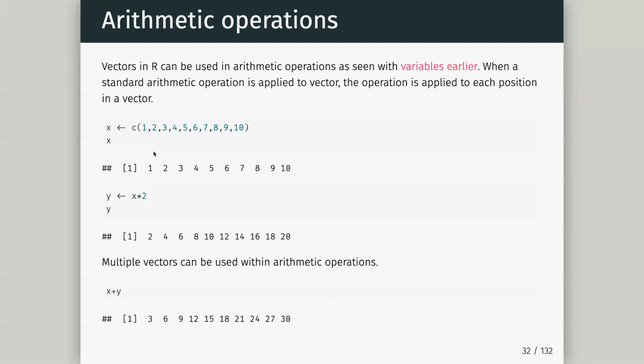Okay. So as I was saying, R is really good for statistical, mathematical work. So we can do arithmetic operations on our vectors really easily, in the same way that we were doing with single variables over.